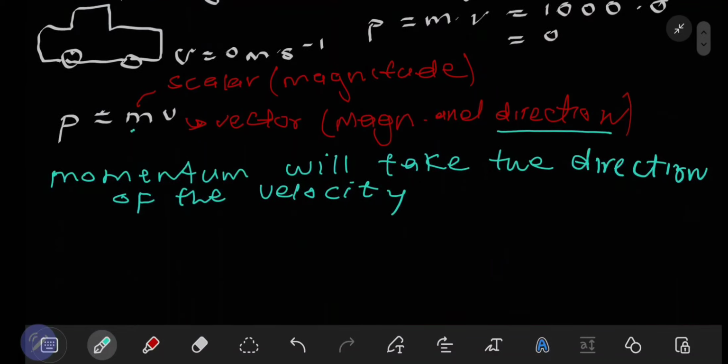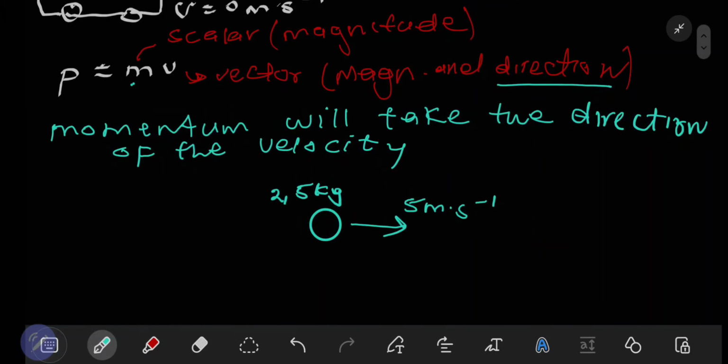Now if we are having a ball again, suppose this ball has a mass of 2.5 kg, and it's traveling in this direction at a velocity of 5 meters per second. Since the momentum must take the direction of the velocity, in which direction is the ball traveling?